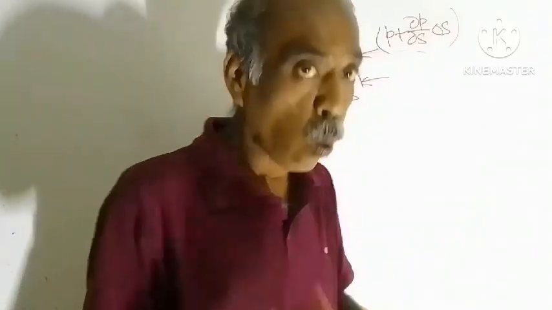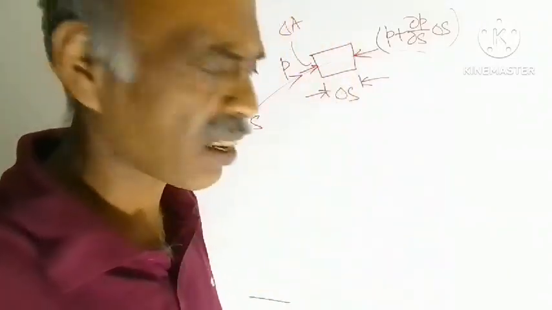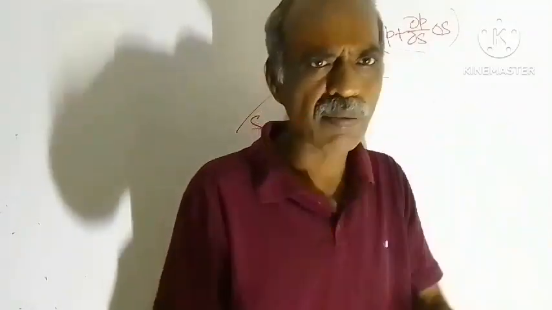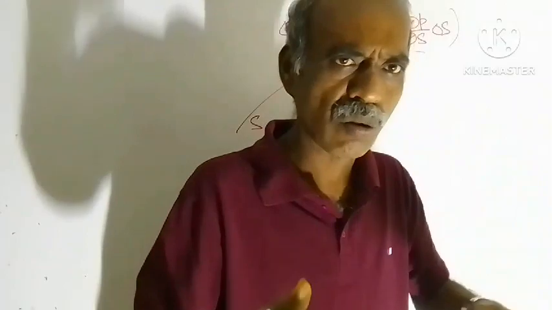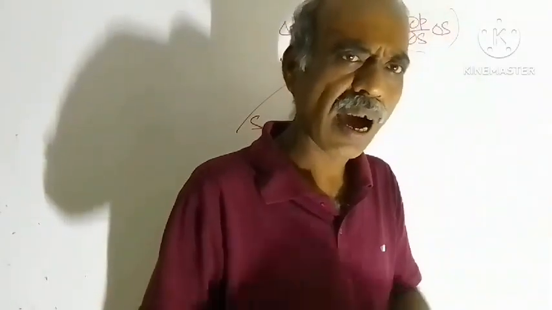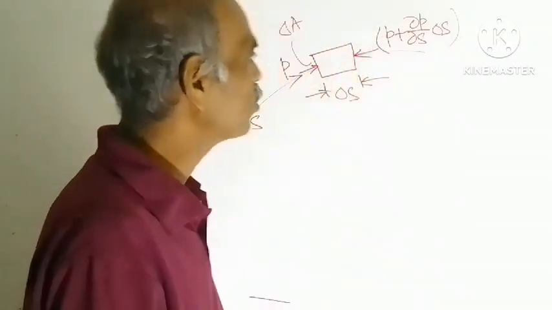Then we have to do what? Force balance. In this lecture I am not going to show you the derivation, because I have already posted a video about the derivation. I provide that link in the description box of this video.